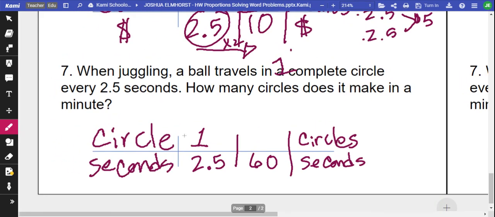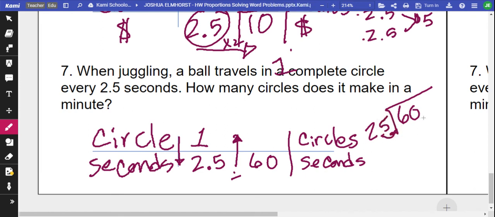So the last part down here, there's no easy way to go about it other than if you go from one circle every 2.5 seconds. 1 times something is 2.5. So then we go the other way over here. We're going to divide by 2.5 to find out what it is. So we got 60 divided by 2.5.